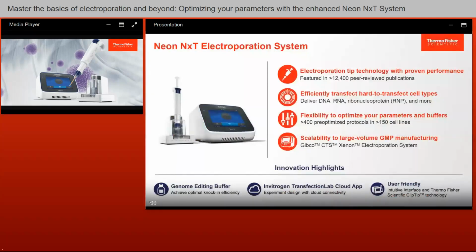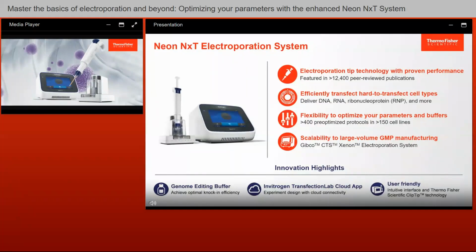At Thermo Fisher, we utilize our Neon NxT Electroporation System for applications requiring physical transfection. The Neon NxT system streamlines the optimization process for fast and efficient delivery via simple, flexible, and customizable protocols using our electroporation tip technology, where the electroporation takes place inside of the pipette tip.